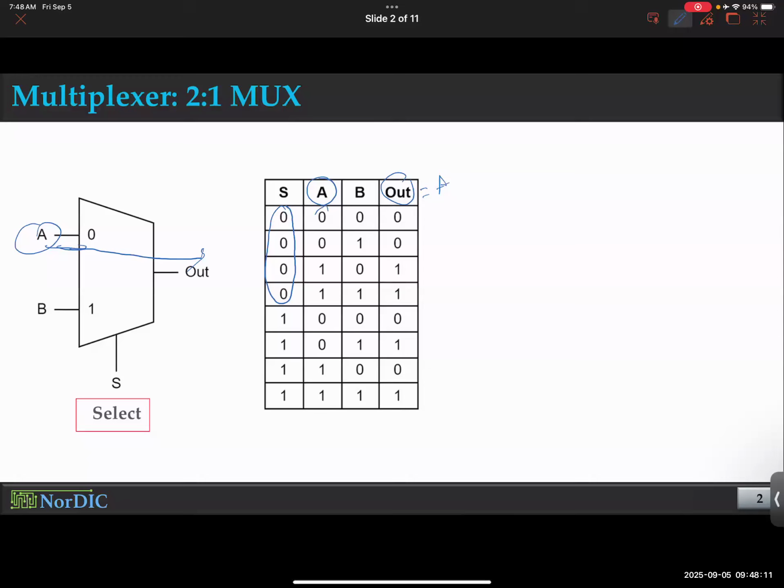If A is 0011, your output will be 0011, so your output follows A. Now, if the select signal is 1, whatever you have in B, your output should follow, and that's exactly what you get here. I hope that makes sense. So you can always come up with this truth table manually, and this is the output for your multiplexer.